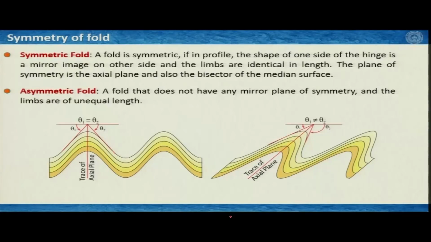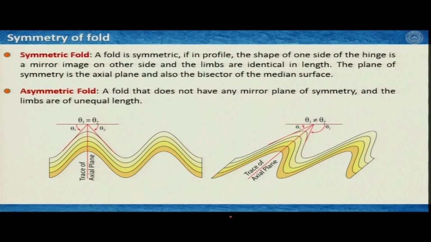Let us talk about the symmetry of the fold. You can understand that a fold can be symmetric or asymmetric. A symmetric fold is one where, in profile section, that means a section perpendicular to the fold axis, the shape of one side of the hinge is a mirror image of the other side and the limbs are of identical length.